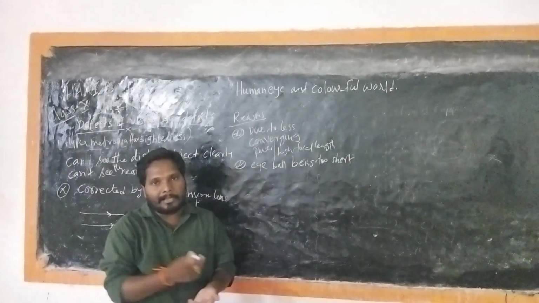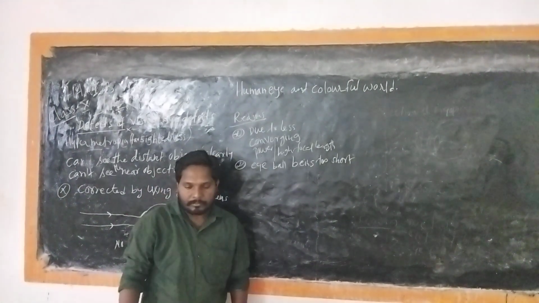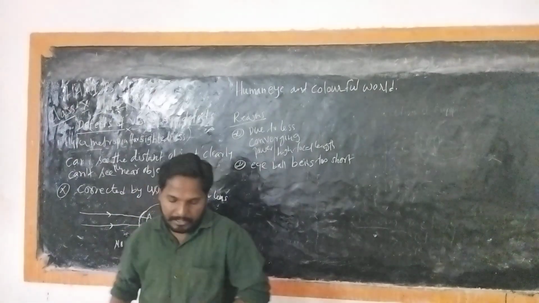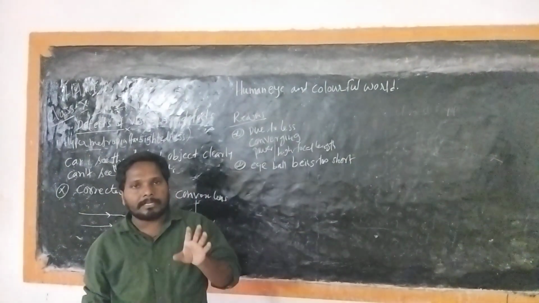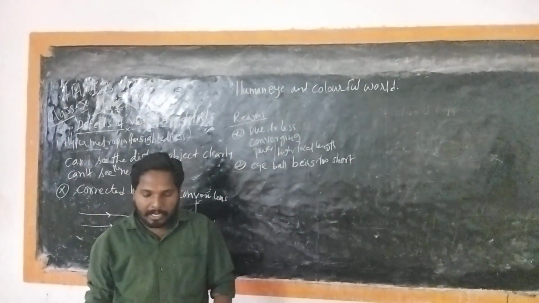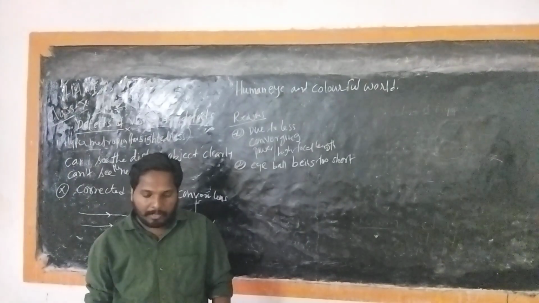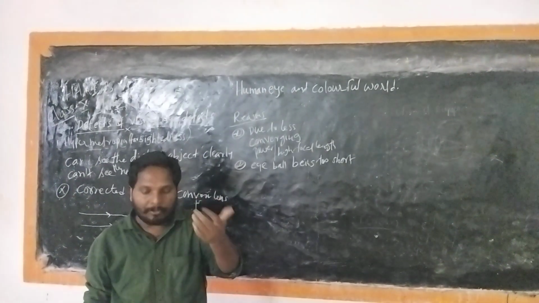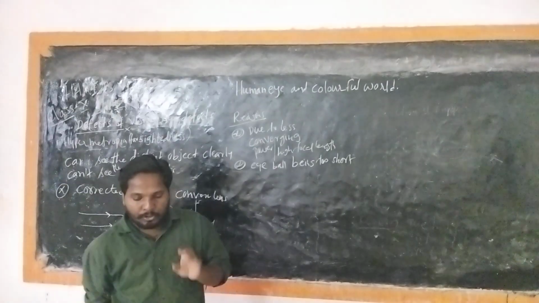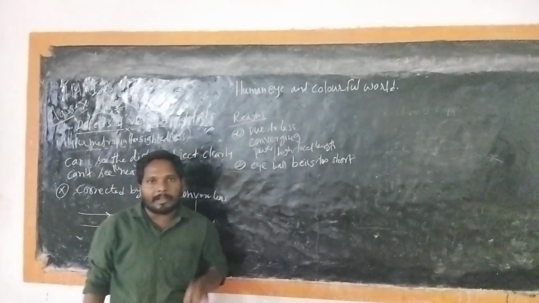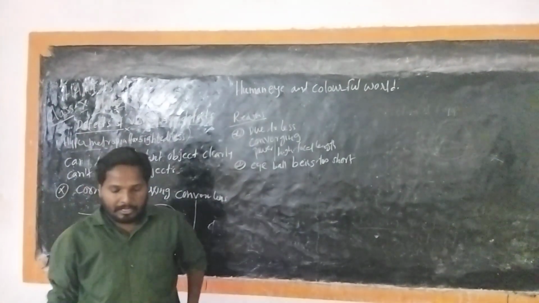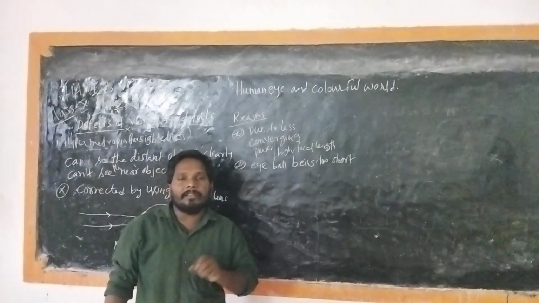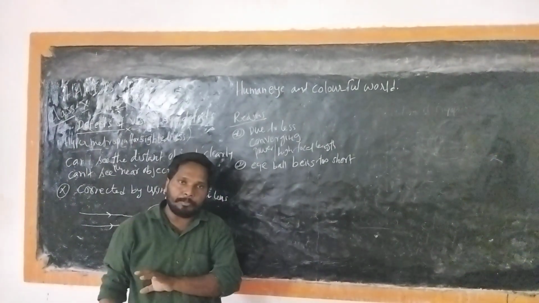This is because of, as earlier we discussed, the ciliary muscles. In some cases, the ciliary muscles attached to the eye lens become weak and cannot make the eye lens thicker to increase its converging power. So there is low converging power of the eye lens in an eye suffering from hypermetropia.